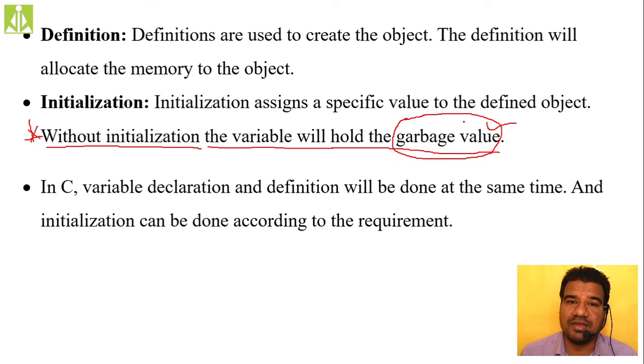What is declaration? Giving the name to the variable. What is definition? Allocating the memory or specifying the type. And what is initialization? Assigning a specific value to that variable. If you don't do the initialization, the variable will hold some meaningless, unknown value. That unknown value, in our consideration, is the garbage value.